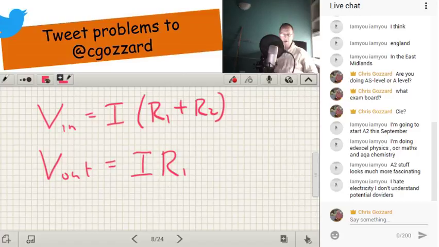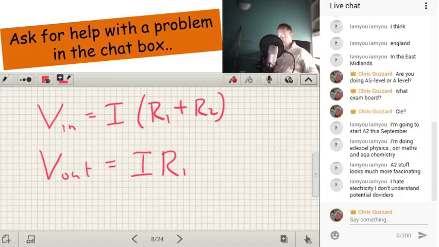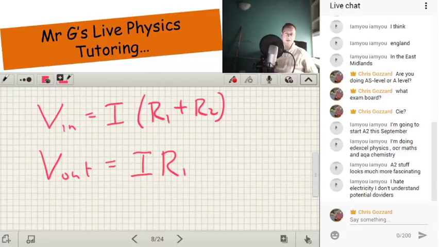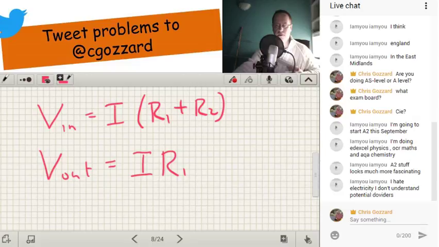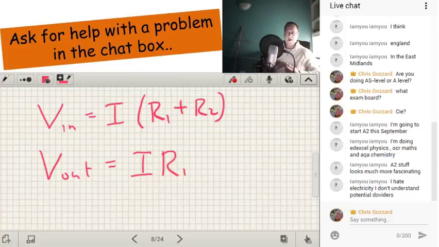With these two equations, I'm going to rewrite them in terms of I. I'm going to make I the subject for both of these.